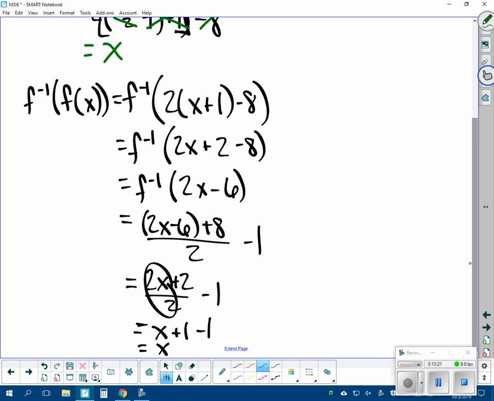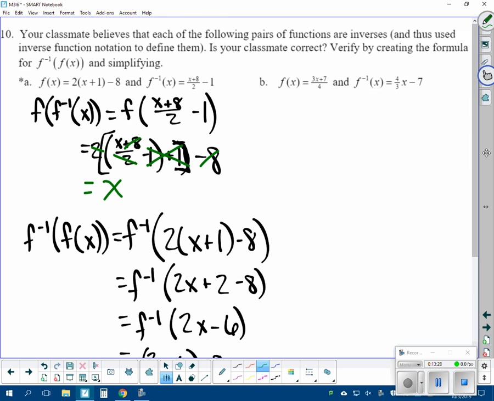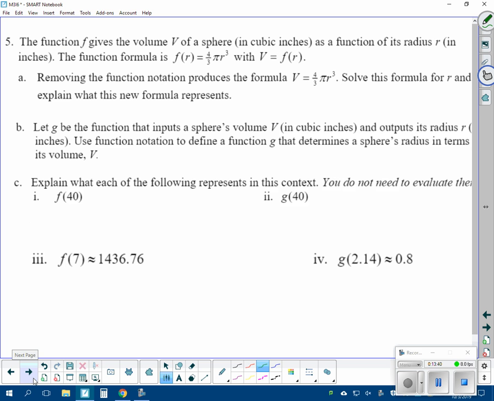Now we know they're inverses, and that work right there verifies that that is true. That proves they are inverses. Any questions on verifying inverses? No? Excellent. Continue.